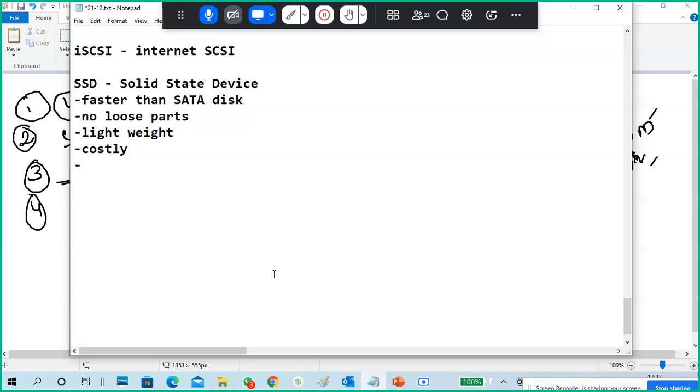It's used to store operating system and applications. If you are a gamer, or if media applications are there, multimedia data is there, and you need that kind of data, you can store it.